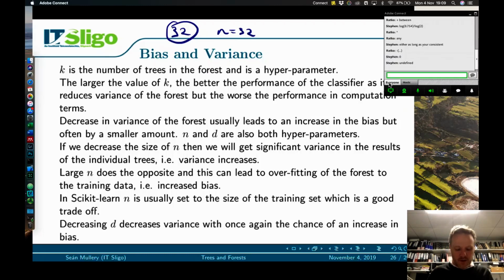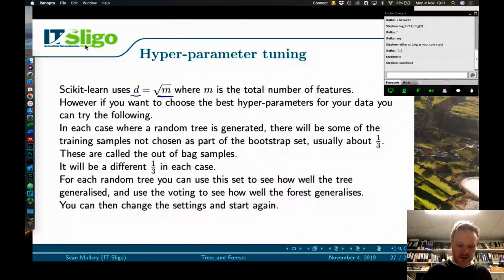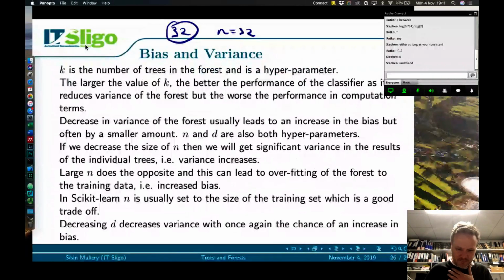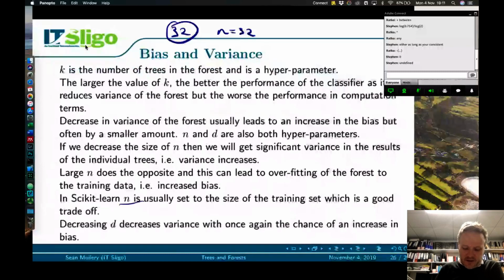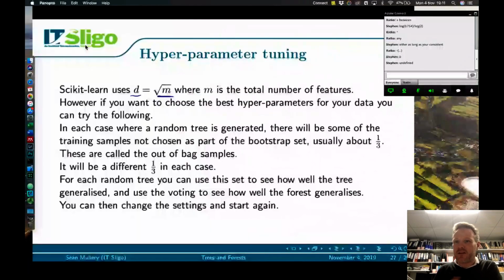Okay, so we're up and going again. I think I'll just start on that slide again. For hyperparameter tuning, we said on the previous page that scikit-learn sets the value of n to be the size of the data set, and because of replacement, we're not going to get them all on each occasion.